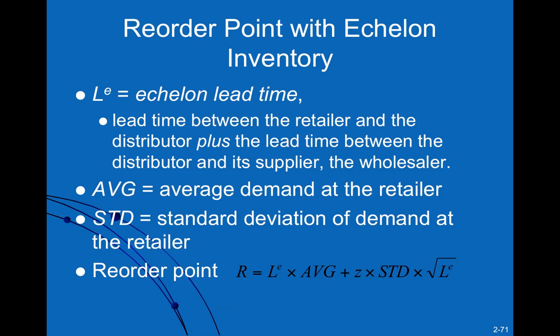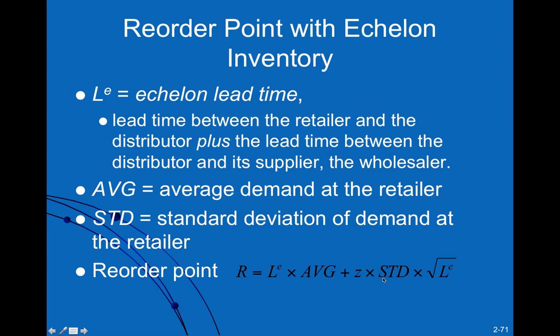So how do we do our reorder point calculations? If you remember, the basic formula for reorder point is the expected demand during the lead time plus the safety stock.